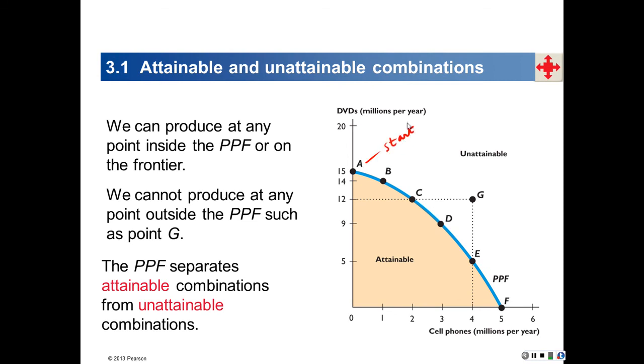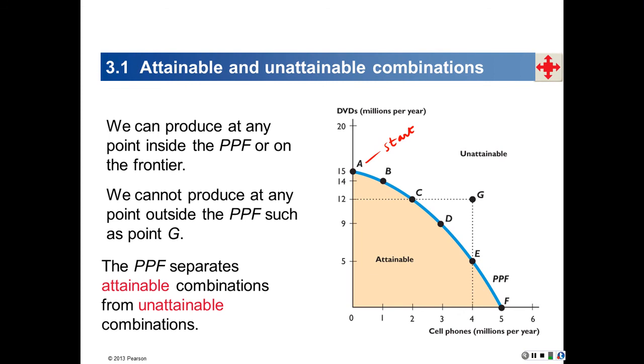So the economy here is producing only DVDs and no cell phones. And now let's say this country wishes to produce 1 million cell phones, right? In other words, this country wants to go from point A to point B, right?